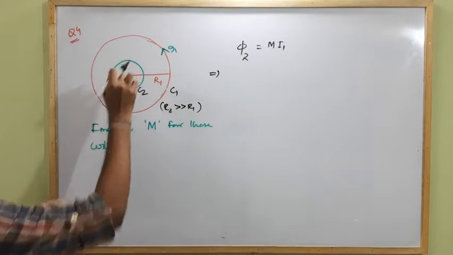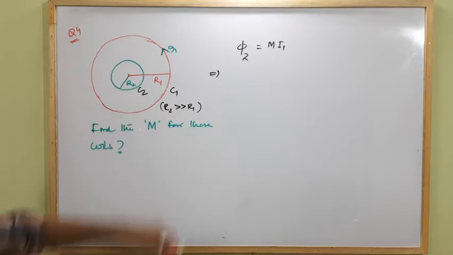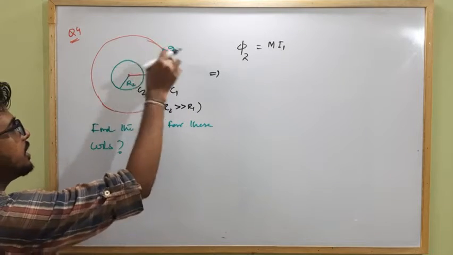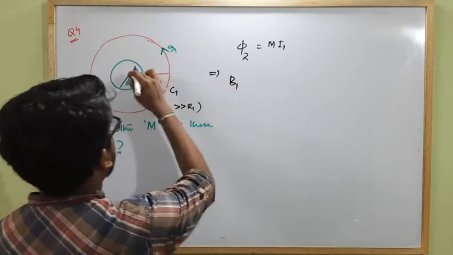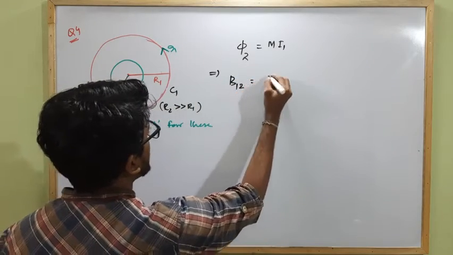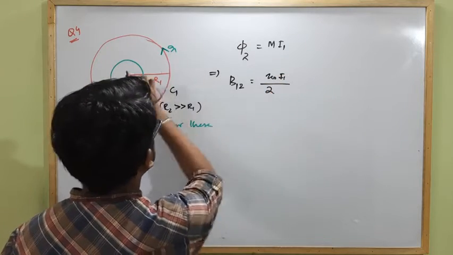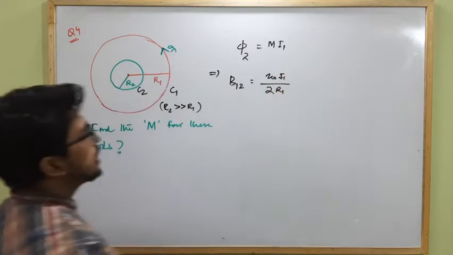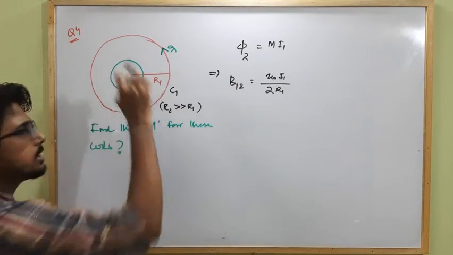That means the radius of the inner circular loop is very negligible in comparison to R1. So the magnetic field at this point will be B due to 1 at 2, equal to mu naught I1 divided by 2 R1. This is the value of magnetic field due to 1 at 2.